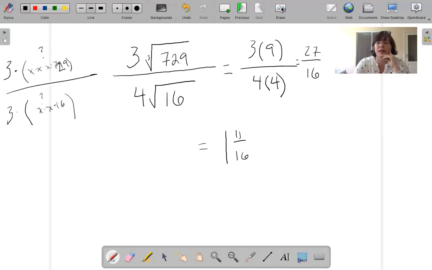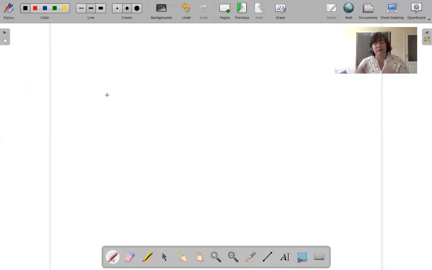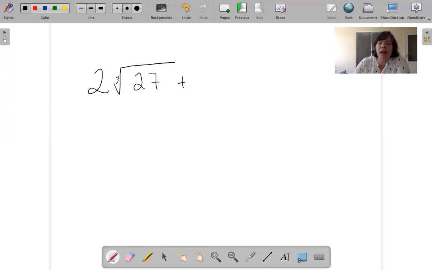All right, let's do one more. 2 times the cube root of 27 plus 3 times the square root of 144.